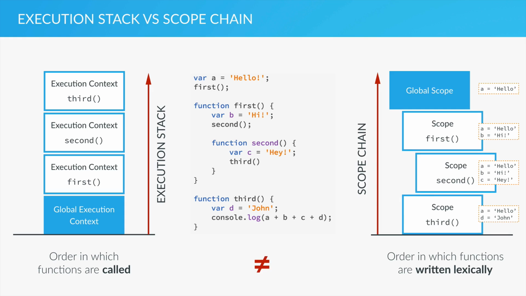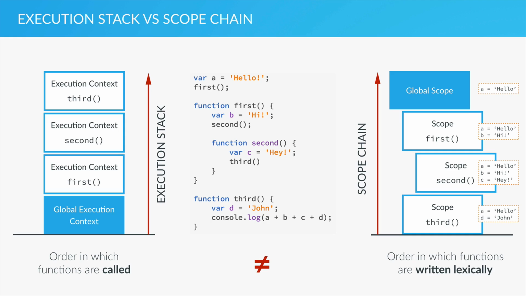What determines the scope of variables is where the functions are written. Since the third function is not in the scope of the second function, of course it cannot access variables B and C defined in the second and first functions. It can only access the global variable A, because the function is written in a global scope.